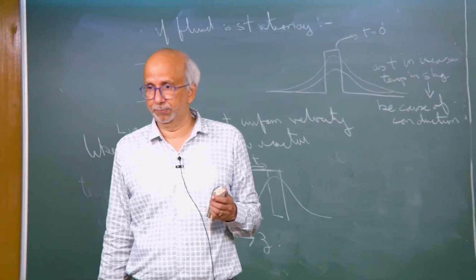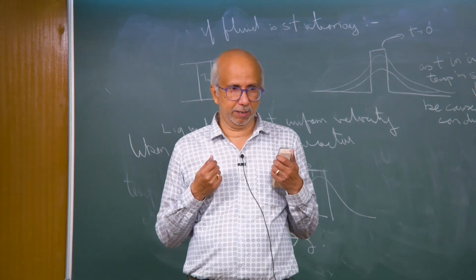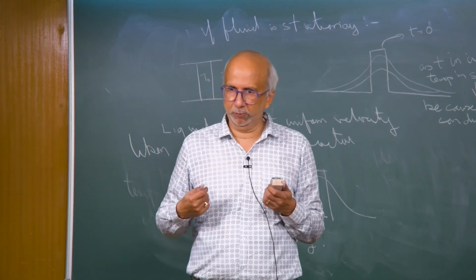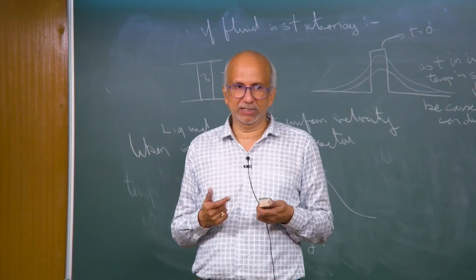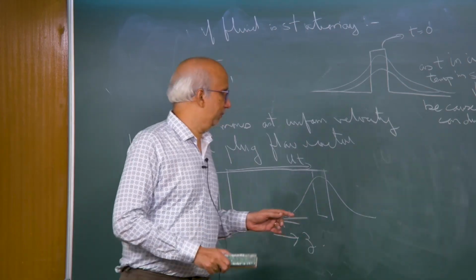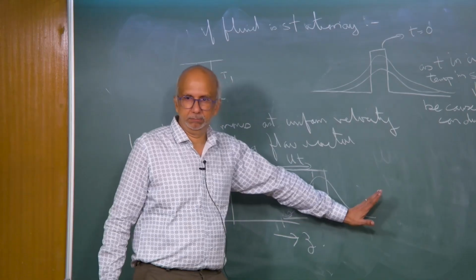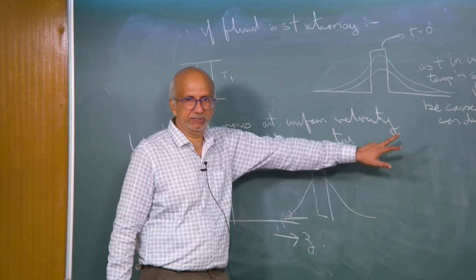Since I am moving along with the slug, my position Z tilde will always be 0. Z is going to keep changing, but Z minus ut is always 0.